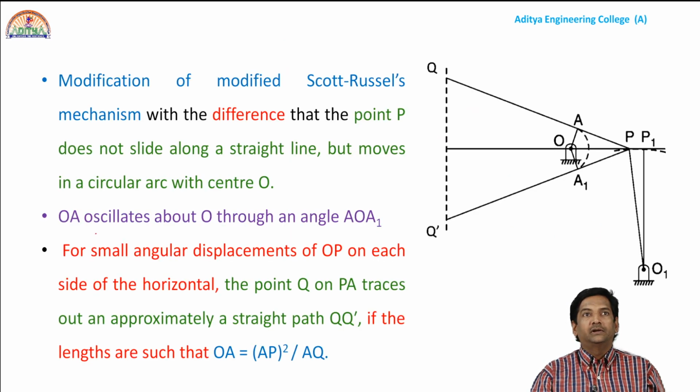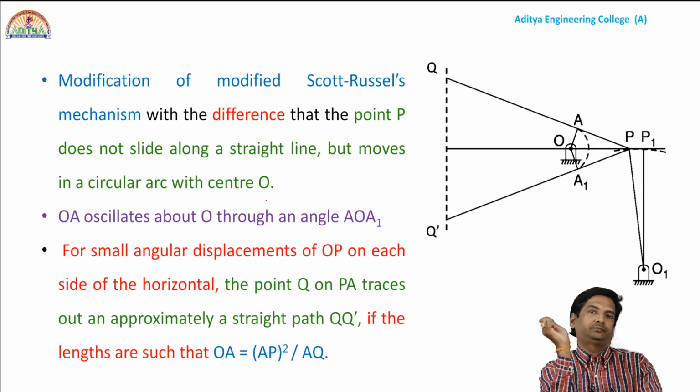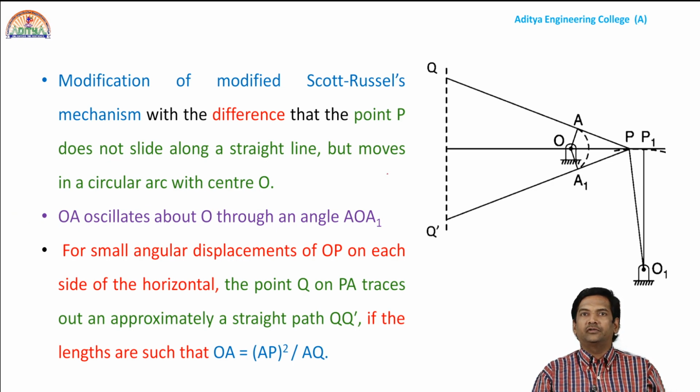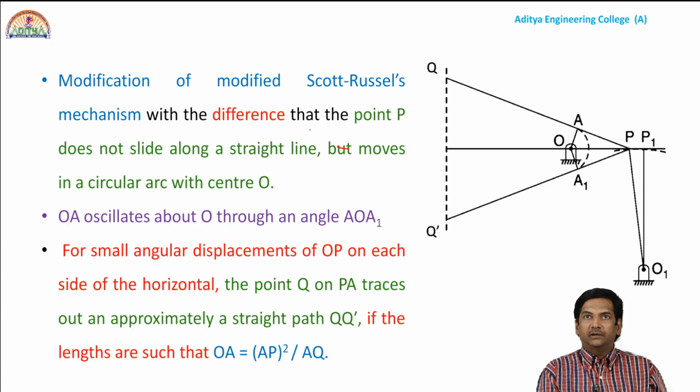See this, the P does not slide along the straight line, but moves in a circular arc with the center O. If it is the slider, it could have moved like this, but if it is joined to some other point, now it has to oscillate like this, right. Now, in this Grasshopper mechanism, for small angular displacement of the OP, see, in the earlier modified Scott-Russell mechanism, we are having this OA, that is a very small thing here.